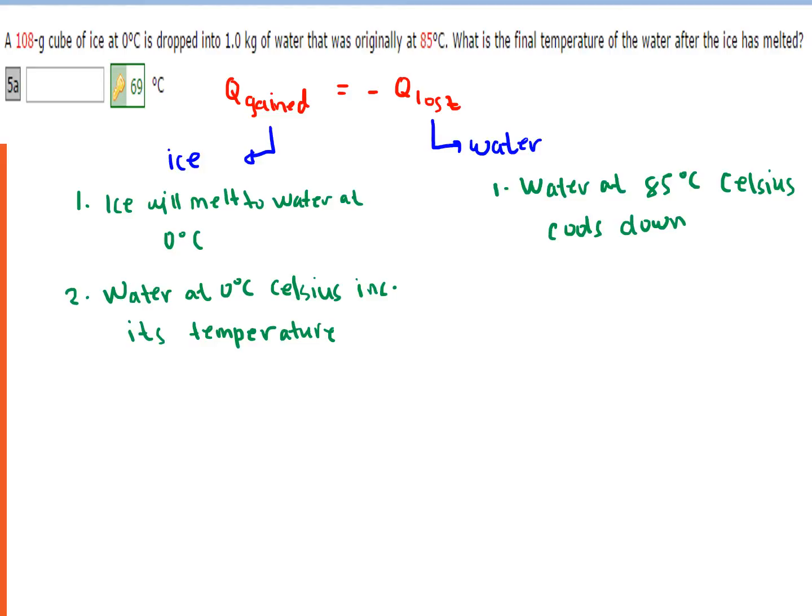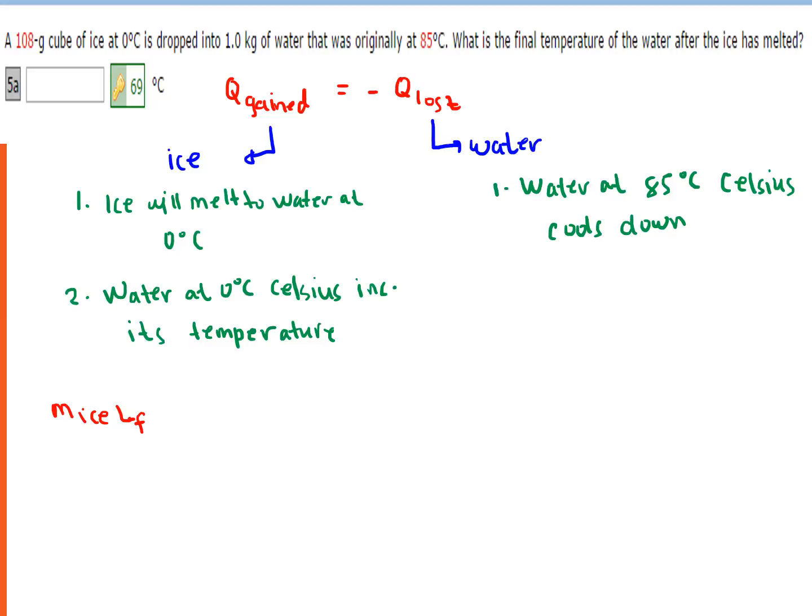Then we could set up our equation, which is Q gained is equal to negative Q lost. For Q gained, we will have two parts. The first part would be m L_f, or the mass of ice multiplied by the latent heat of fusion of water. Latent heat of fusion is very specific for a particular substance.